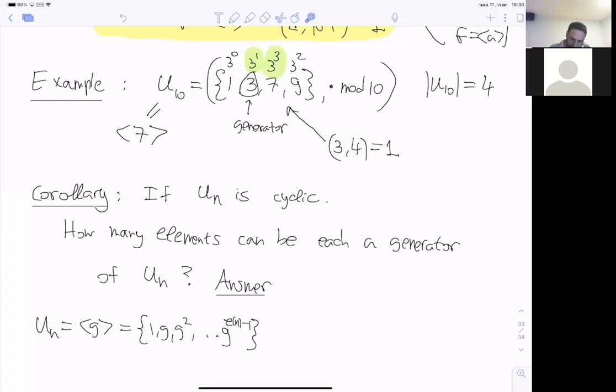Okay. So how many elements here? I mean, think of the powers. How many of the powers here will be co-prime to phi n? Think of the powers only.